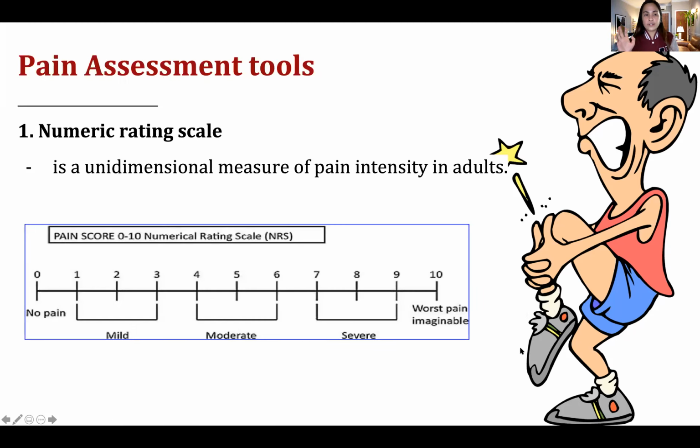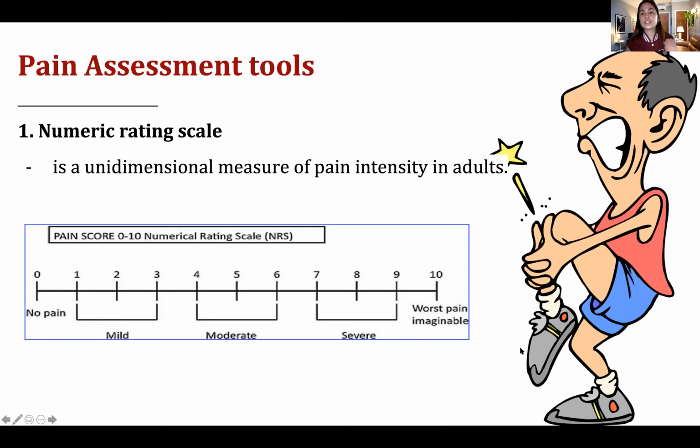So guys, we have different pain assessment tools which are appropriate for different ages. Okay, so like the numeric rating scale, or they are calling it in the hospital as NRS. It is a unidimensional measure of pain intensity for adults. Adults who are conscious.